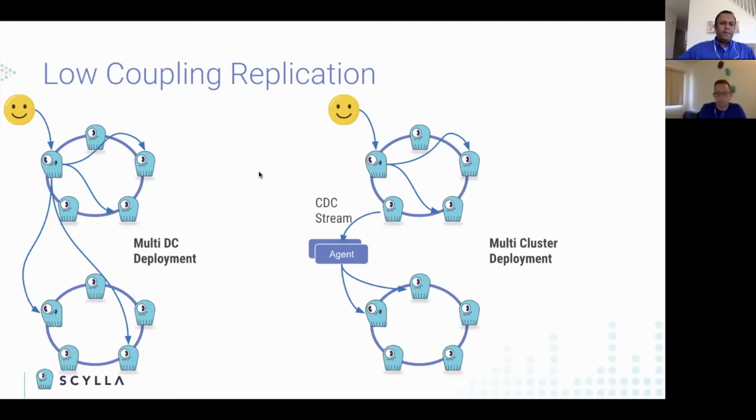Then the corresponding CDC stream can be replicated from one DC to another DC, and the second DC could be supporting a separate bounded context from a separate application. That gives you the benefit of low coupling, but this is for a low volume system. For a high volume system, we highly encourage you to use a message queuing system.